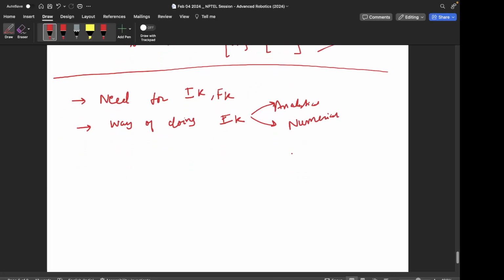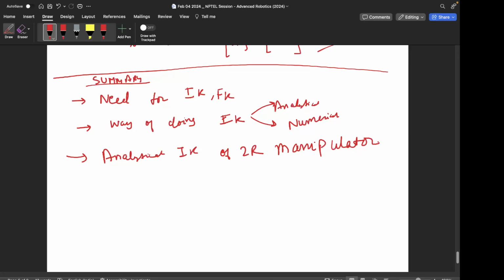Then we took a deeper dive into IK: analytical IK of the 2R manipulator, the number of solutions in IK and existence of solutions.